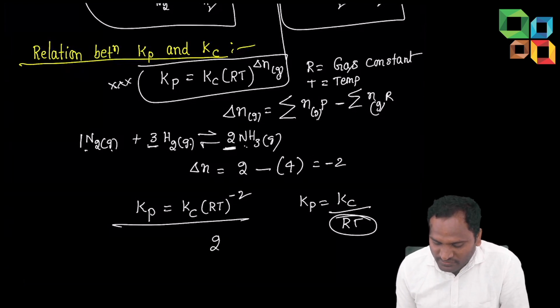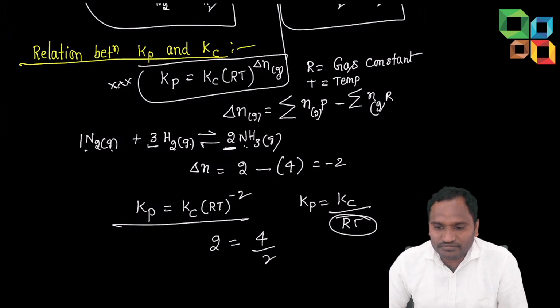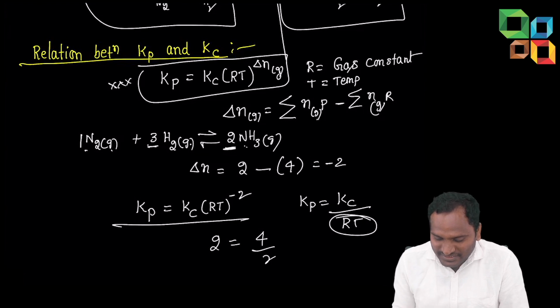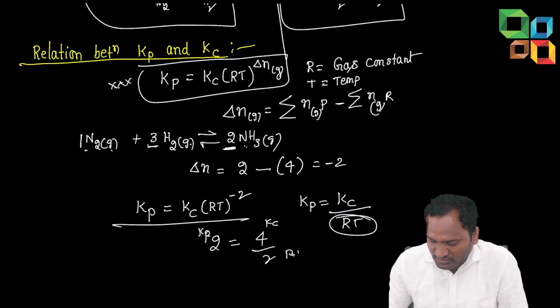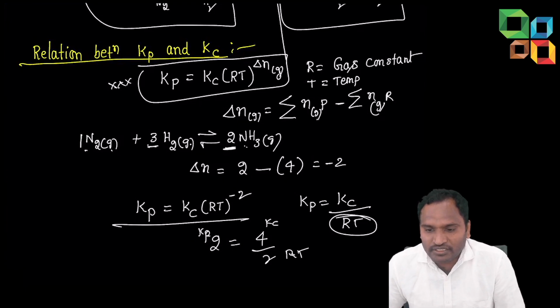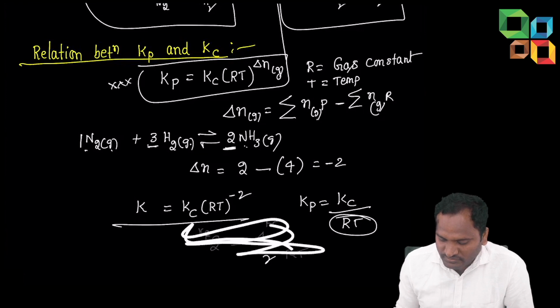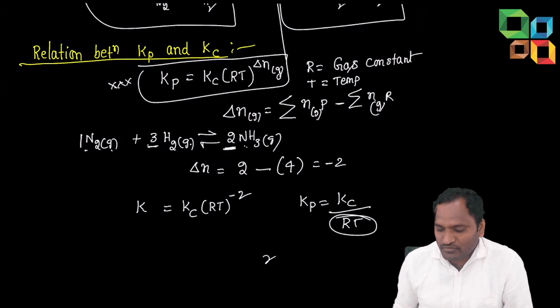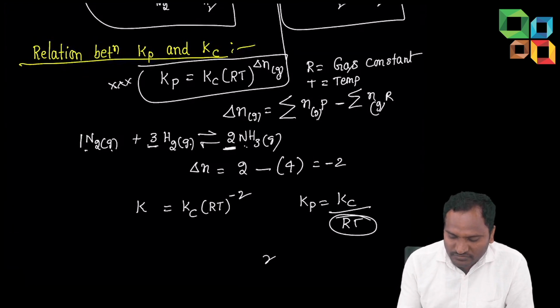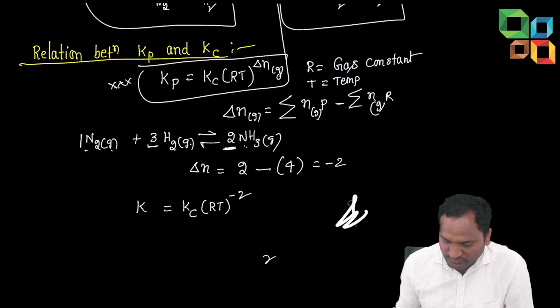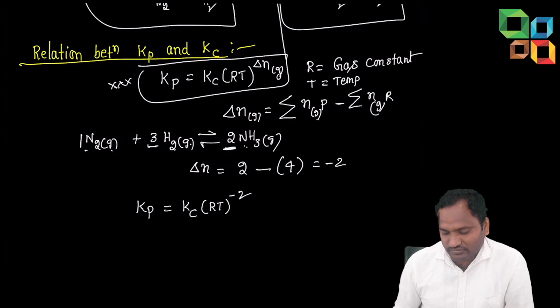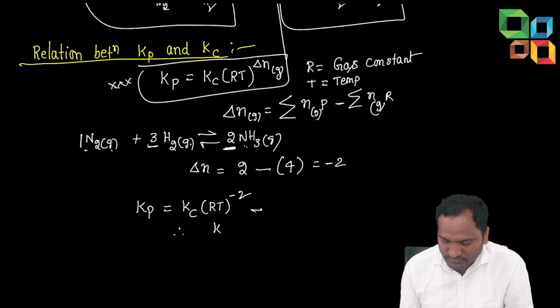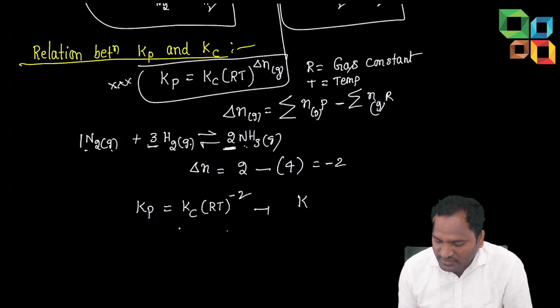It is like 2 is equal to 4 when we divide by 2. This is the RT factor. Like this you consider the RT factor. So which is greater? Kc is greater. Sorry, Shraddha, you are correct. This relation shows Kc is greater than Kp.